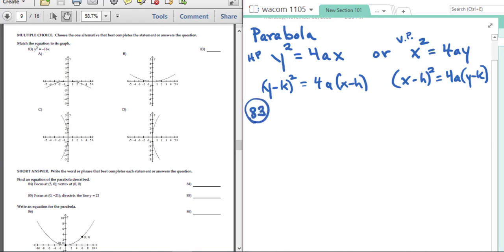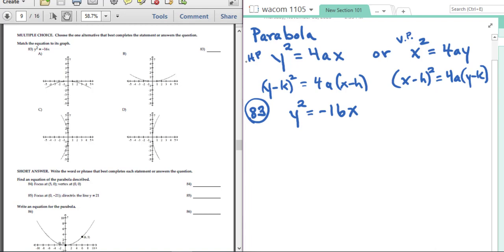So 83, this question is giving you y squared equals negative 16x. All right, so first of all, you're going to pick out of these pictures which one it is. And y squared you can't put in your calculator because your calculator wants a function.